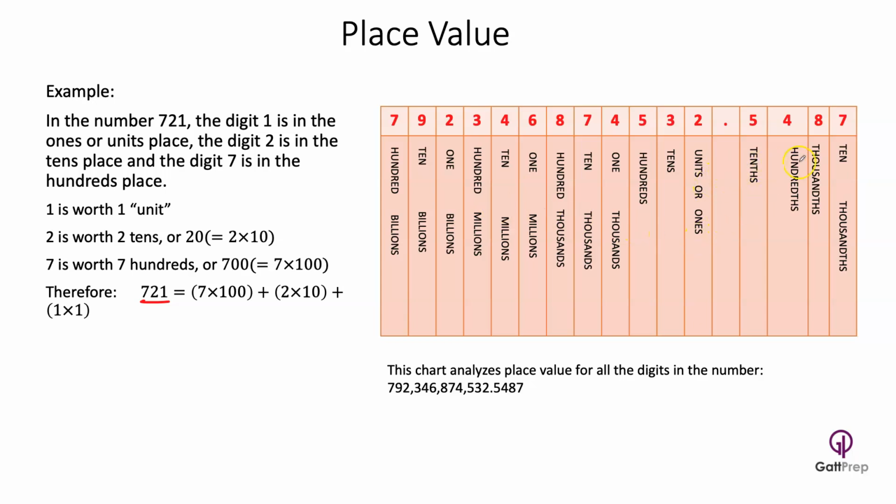And when you go to the right side of the decimal point, you have 5, which is in the tenths place, 4, which is in the hundredths place, to 7, which is in the ten-thousandths place. Now, note that the place value of all digits to the left end with S, and the place value of all digits to the right end with THS. So you take note of that.